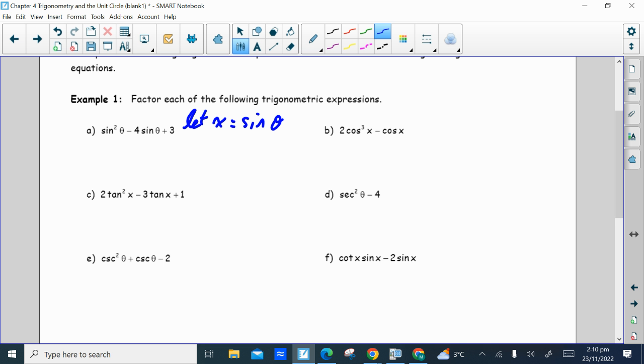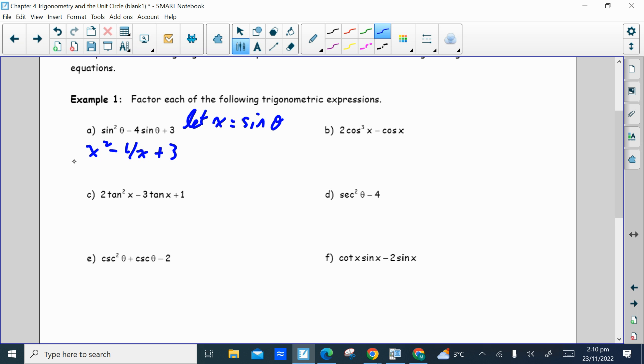That first term of sine squared theta is the same thing as the sine of theta all squared. It's just a way of writing it without brackets. So sine squared theta could be written as x squared because you're letting sine theta equal x. Minus 4 sine theta would be minus 4x plus 3.